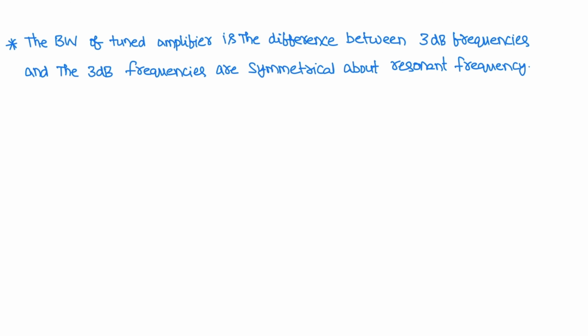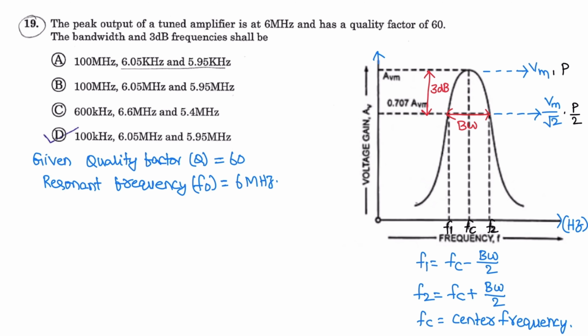As these 3 dB frequencies are symmetrical, lower cutoff frequency F1 is equal to center frequency Fc minus bandwidth by 2, and upper cutoff frequency is F2. This is the bandwidth at 3 dB frequencies.